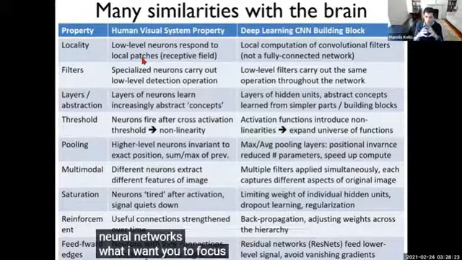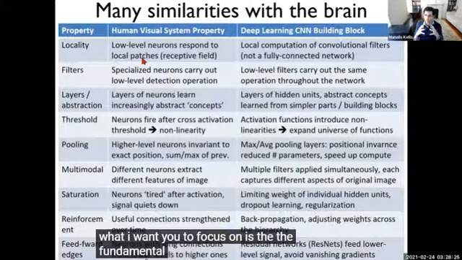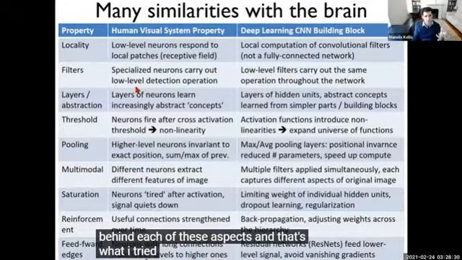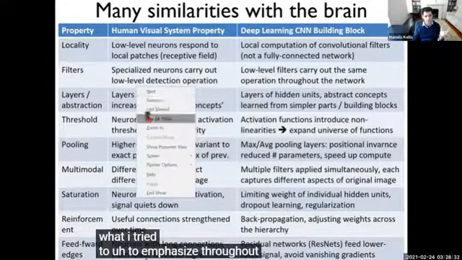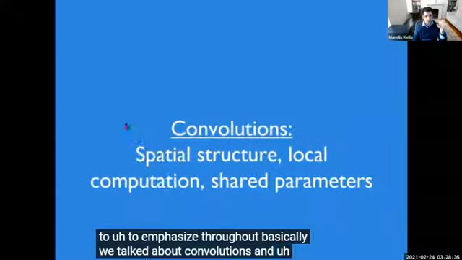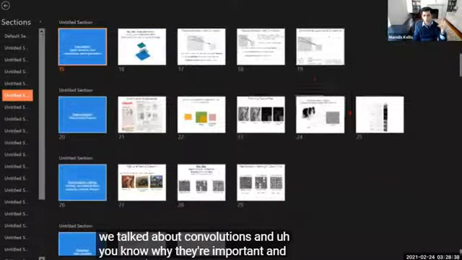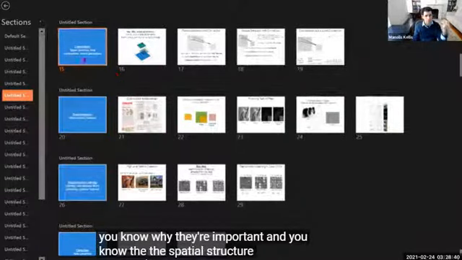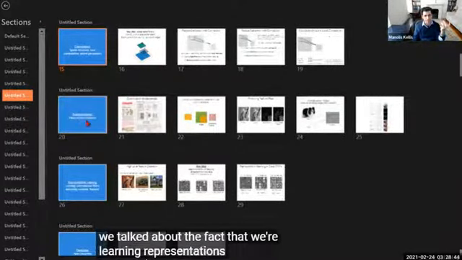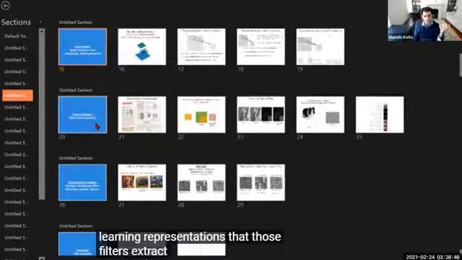What I want you to focus on is the fundamental principles behind each of these aspects, and that's what I tried to emphasize throughout. We talked about convolutions and why they're important, and the spatial structure, the locality, the sharing of parameters. We talked about the fact that we're learning representations, that those filters extract features.